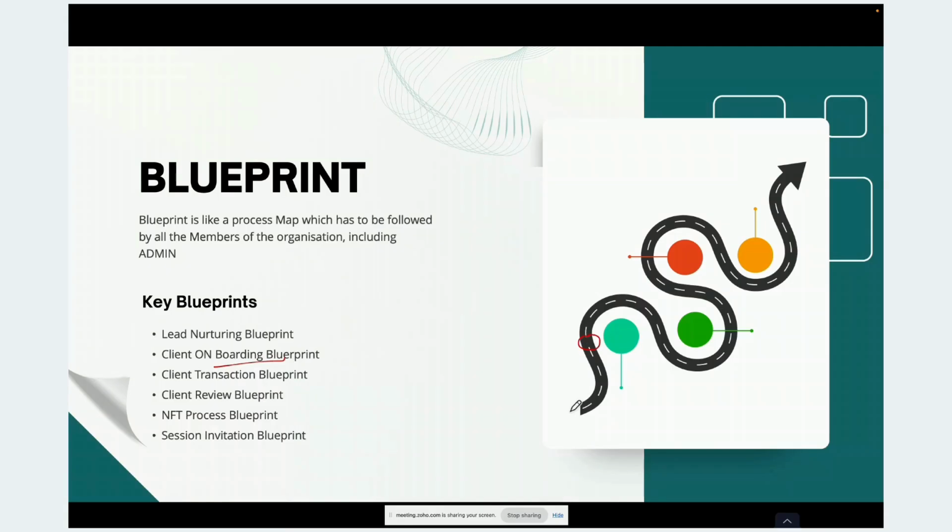Once you cross from the start point and you cross here, there should be a workflow rule that if a process crosses this stage, this should be the notification sent to the customer. So this is the way we design it. Every stage has some notification, some intimation, maybe a task which has to be created, and that's the way a blueprint gets completed.